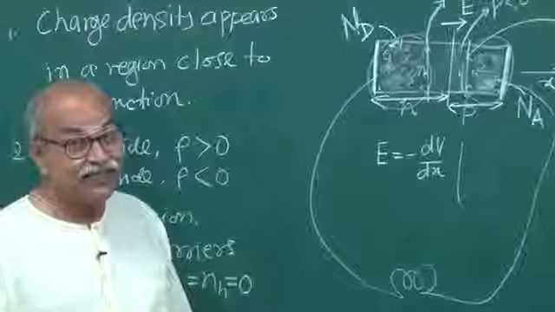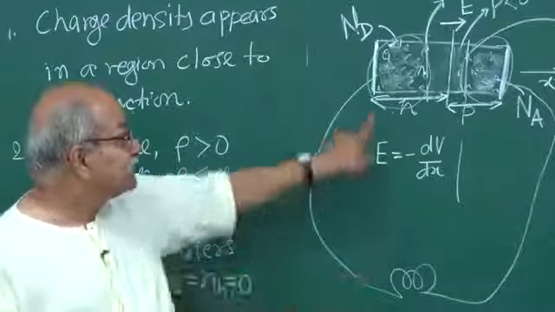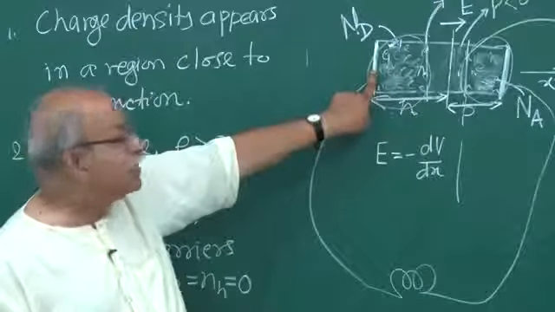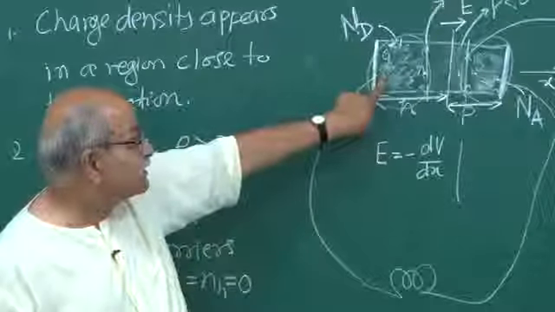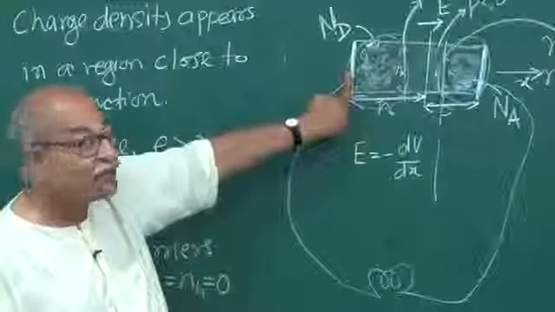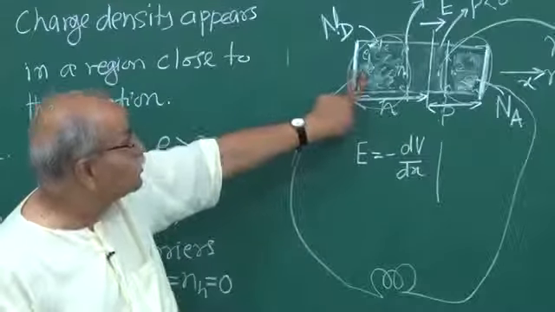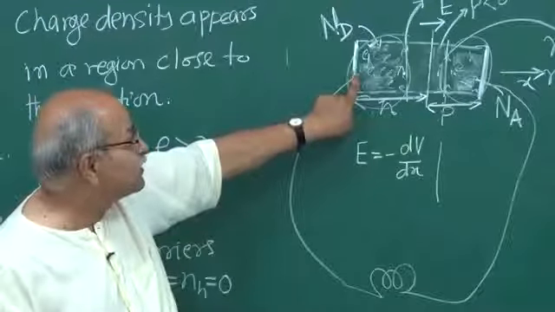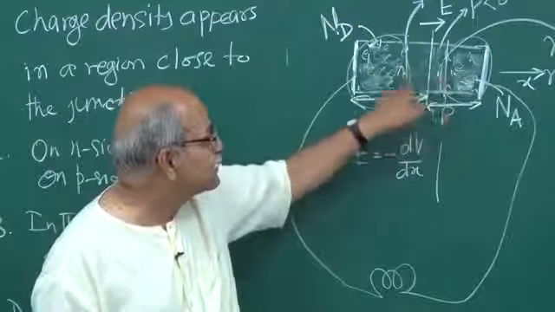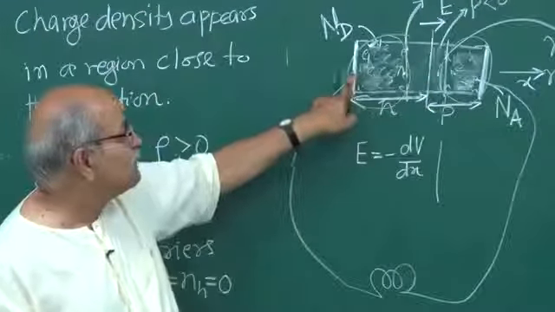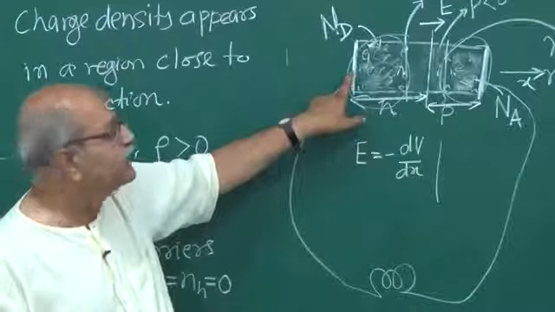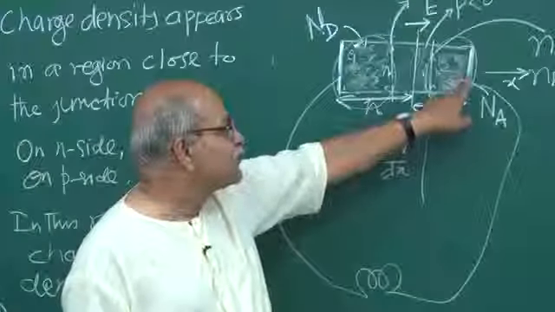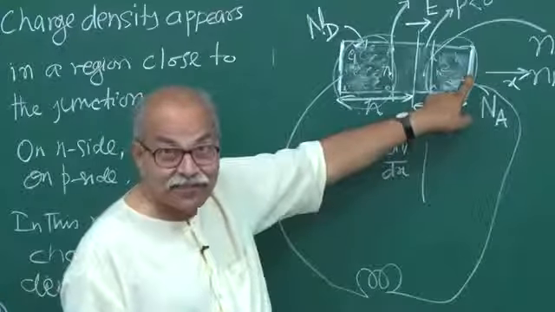It doesn't happen like that, because here also you have different kinds of materials. You have the doped semiconductor here, and then you have the metal here. Once you go from a semiconductor to a metal, there is a junction, so you do have a potential difference here also. As you have a potential difference across this junction, you also have a potential difference across this junction, and similarly across this junction. So here, semiconductor to metal, there will be a contact potential difference.